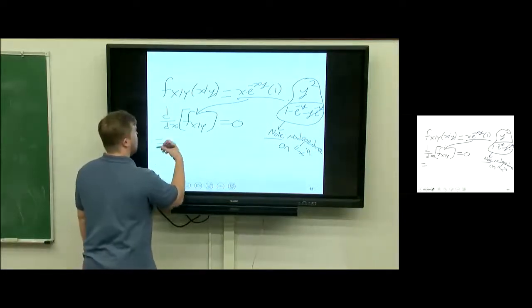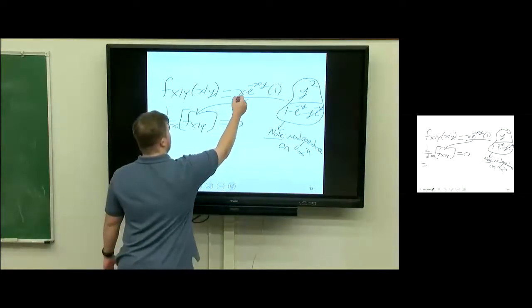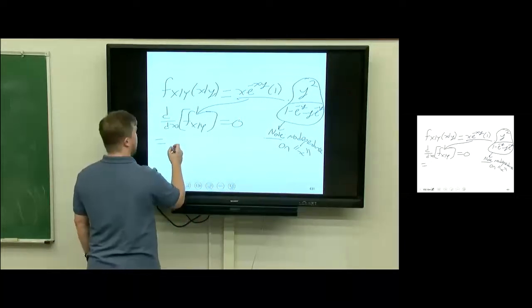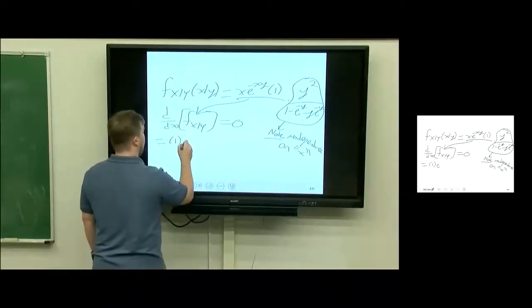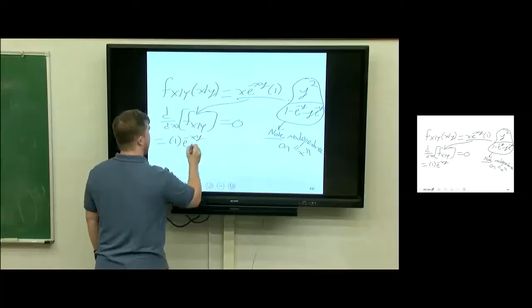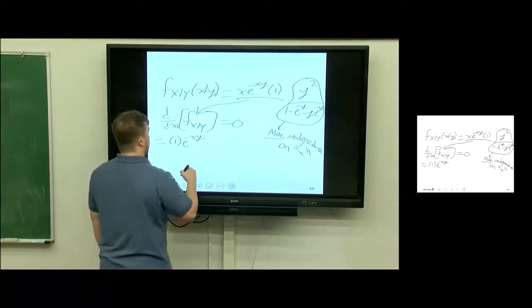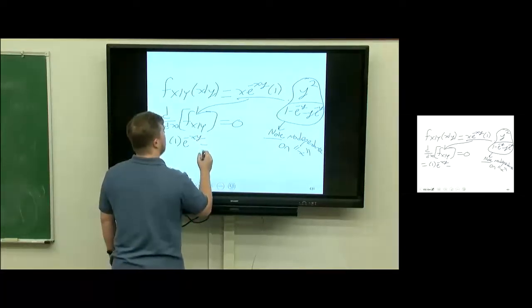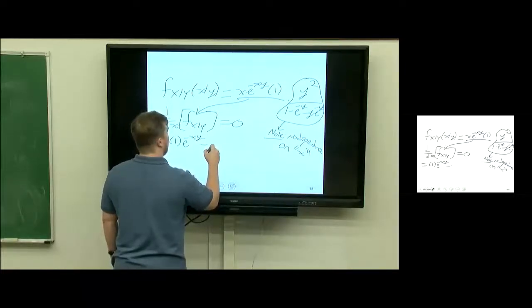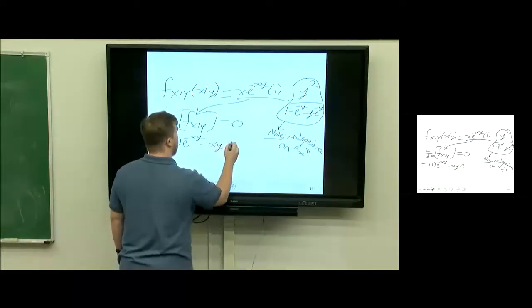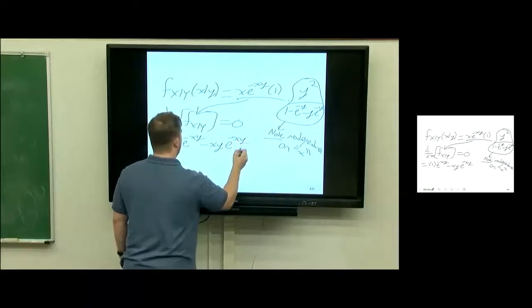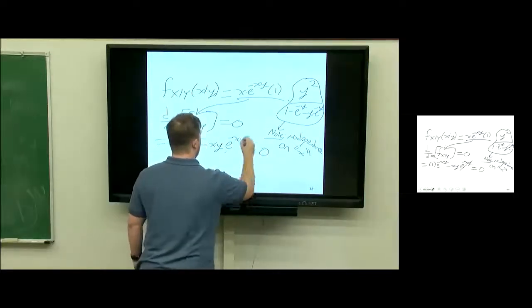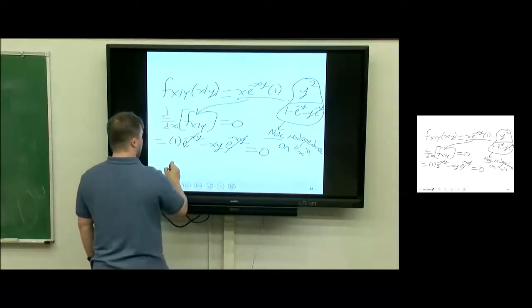So let's apply this derivative. We just need to take the derivative of this, which is 1 times e to the minus xy, minus xy e to the minus xy, equals 0. We can cancel that and that.